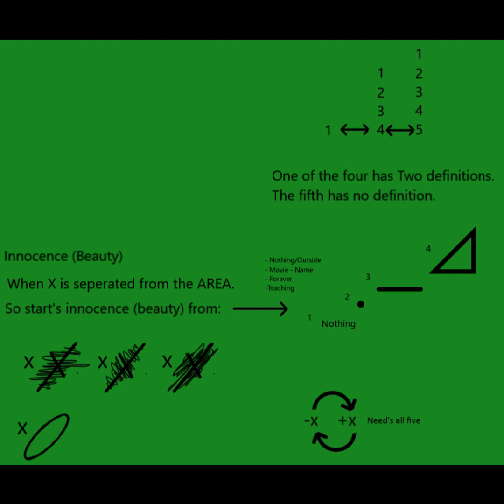Okay, L is nothing or outside. Movie name, forever, teaching. All of these four conclude. Okay, that is this type of L. Now, what you need to remember, that to have minus and plus of yourself, it needs all five.